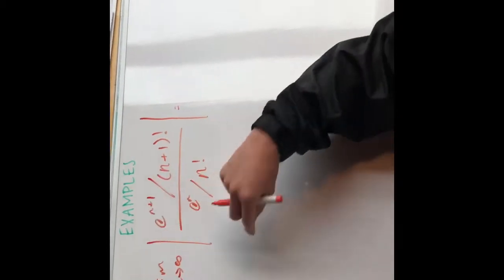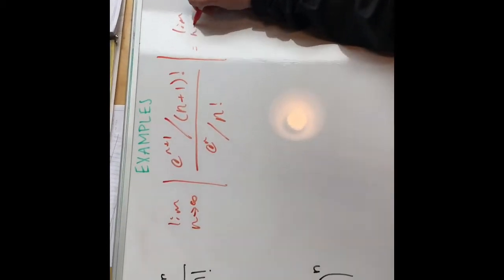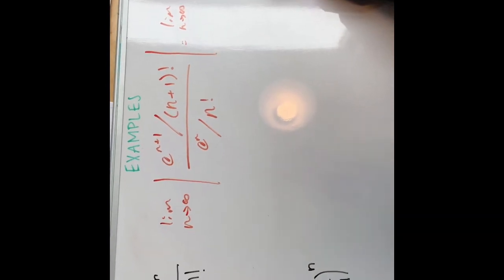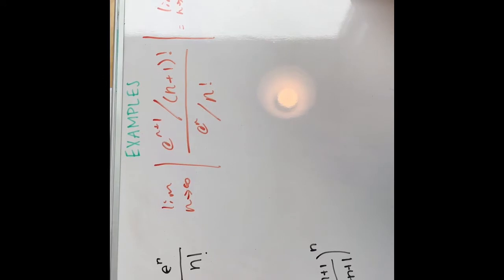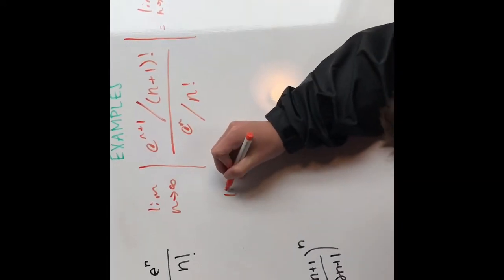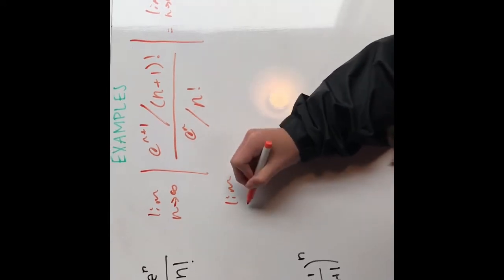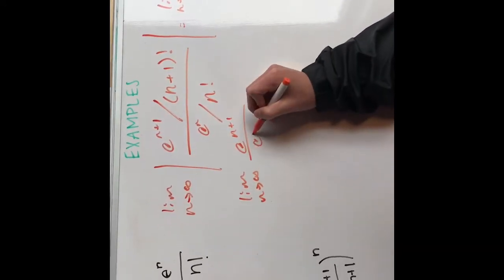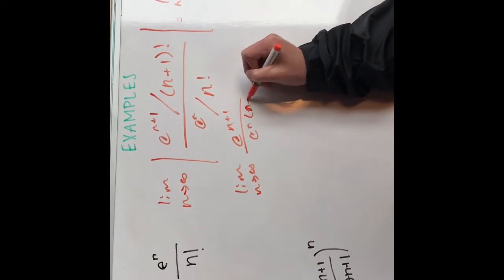So then we can simplify this to the limit as n approaches infinity of e to the n plus 1 times n factorial over e to the n times n plus 1 factorial. We can simplify this further, the limit as n approaches infinity of e to the n plus 1 over e to the n, times 1 over n plus 1.